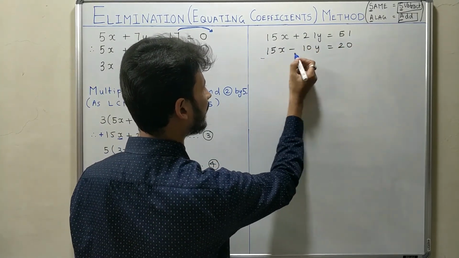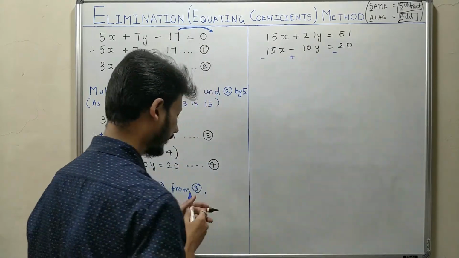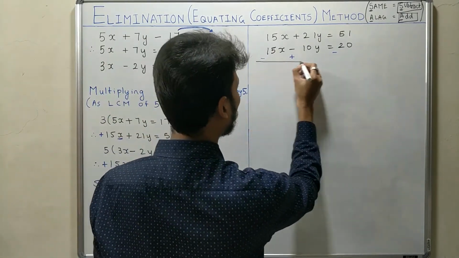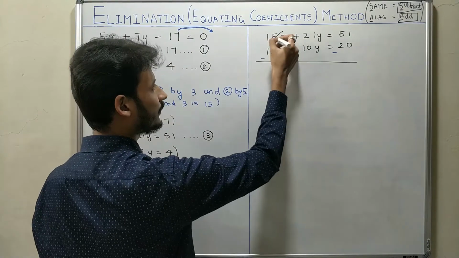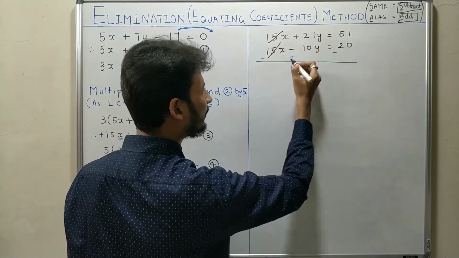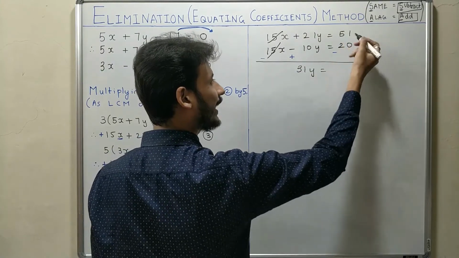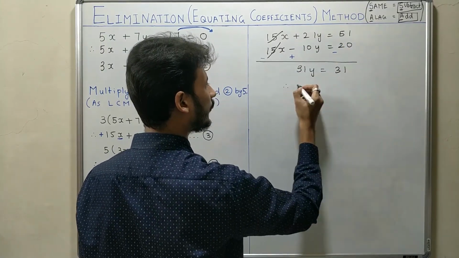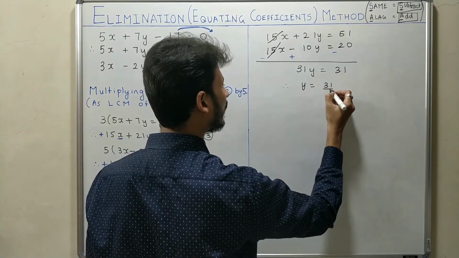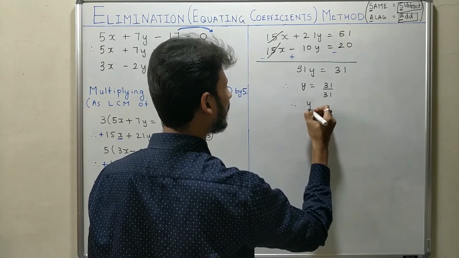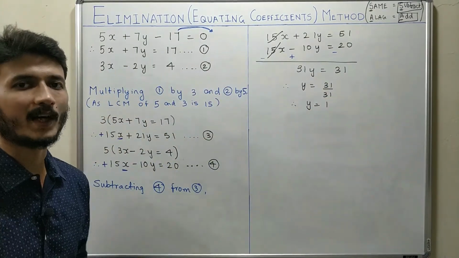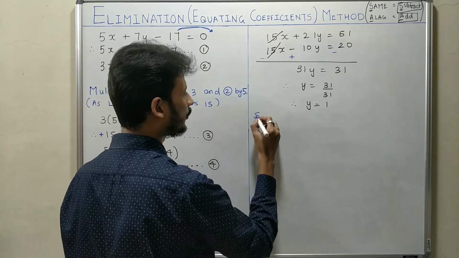So this will become minus, this will become plus, and this will become minus. So here 15x minus 15x will get cancelled. 21y plus 10y is 31y is equal to 51 minus 20 is 31. Therefore, y is equal to 31 upon 31. Therefore, y is equal to 1. So we got the value of y. And then we know what to do.